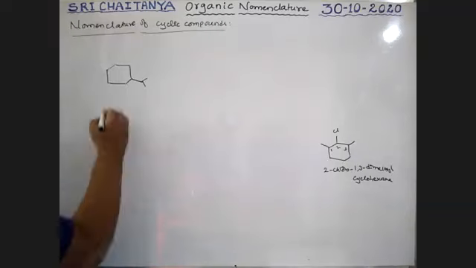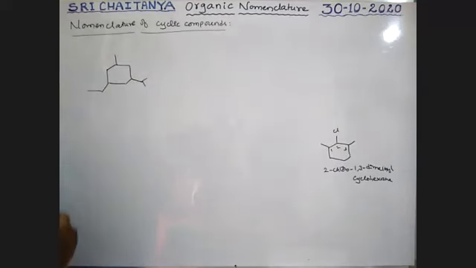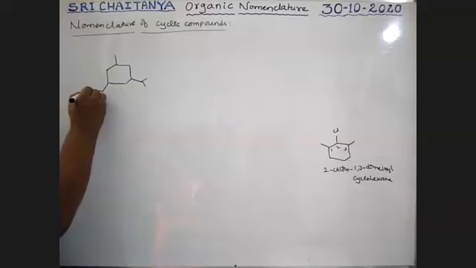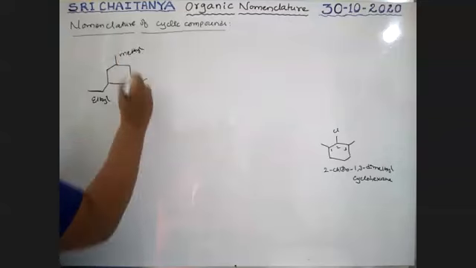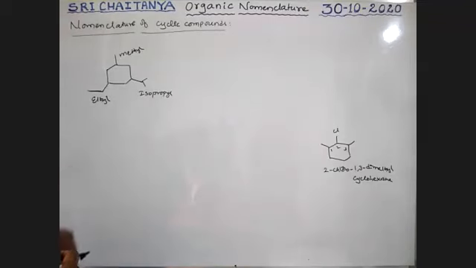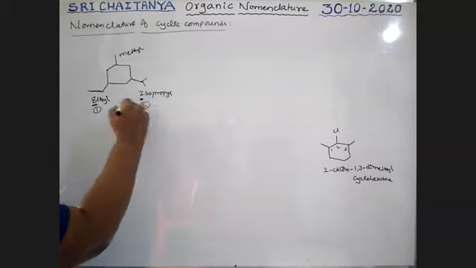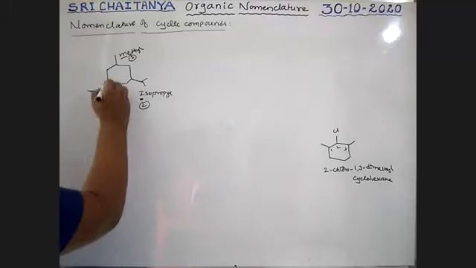This is one substituent, this is another substituent, and this is another substituent. So what is the name of this compound? Boys, all these are substituents. See here, it is an ethyl substituent, a methyl substituent, and an isopropyl substituent. Anyone can be the start. Ethyl, it is the first letter, then methyl, then isopropyl by the alphabet rule. So the first letter should get the first carbon.